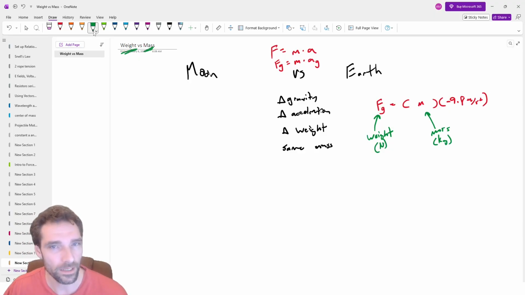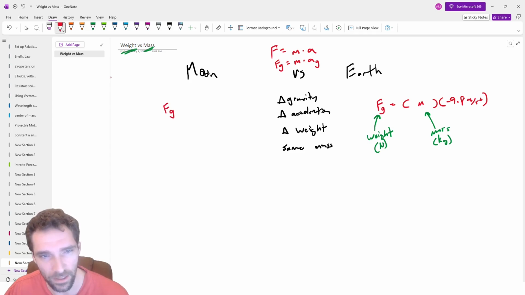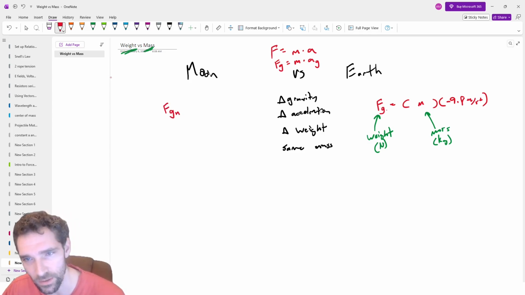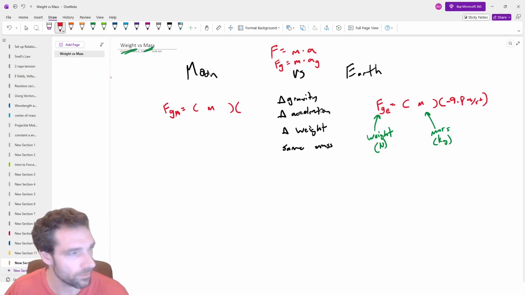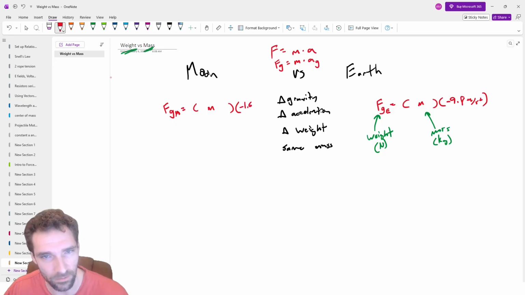And then if we're talking about the force of gravity on the moon versus the Earth, there are slightly different values because our acceleration is different. We do still have the same mass, but here on the moon, you're going to be accelerating at negative 1.67 meters per second squared.